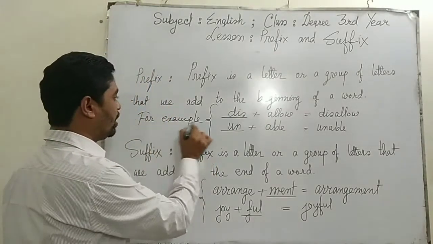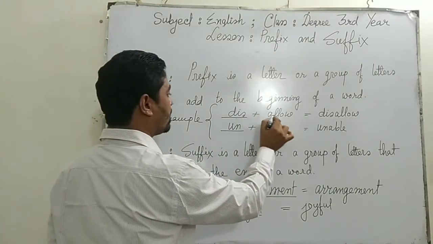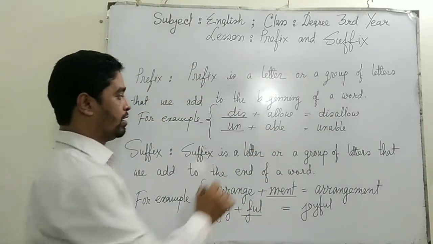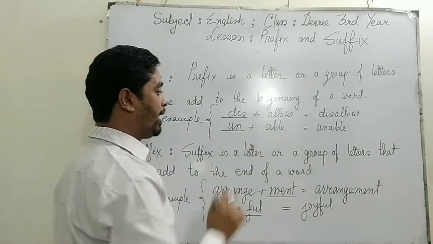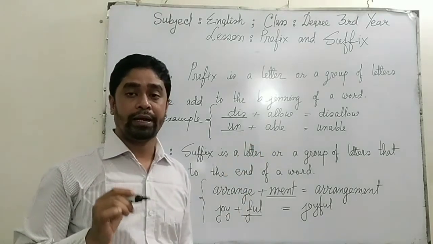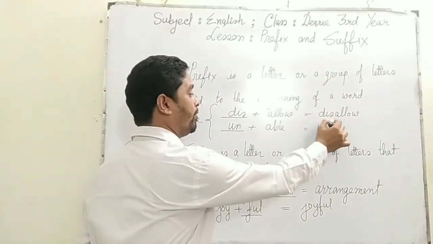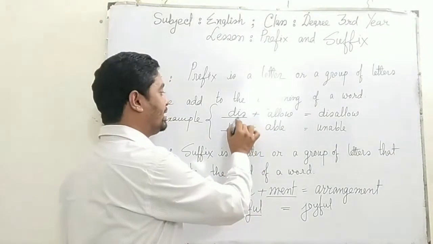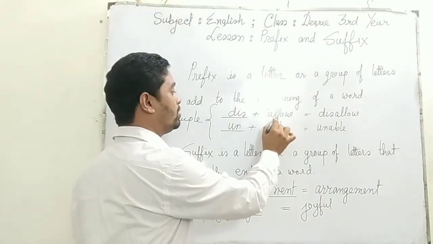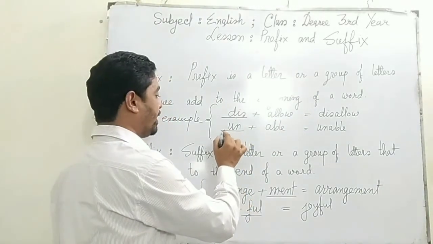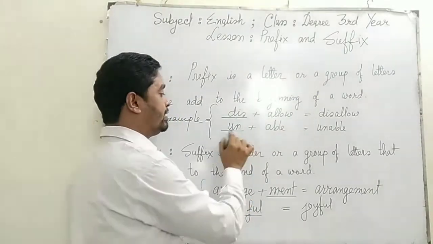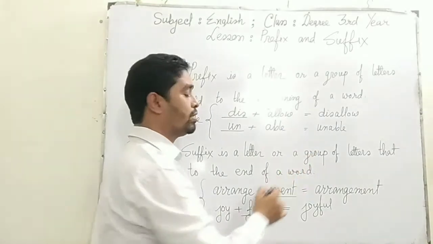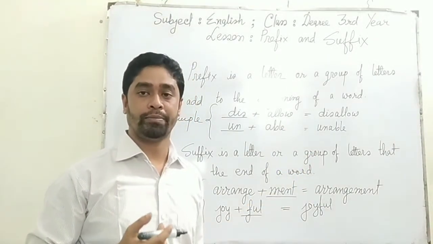For example, dis plus like equals dislike. Dis plus able means disable. Here dis is a prefix because it is added to the word able. Again, un is added to the word able and it creates a new word, unable.